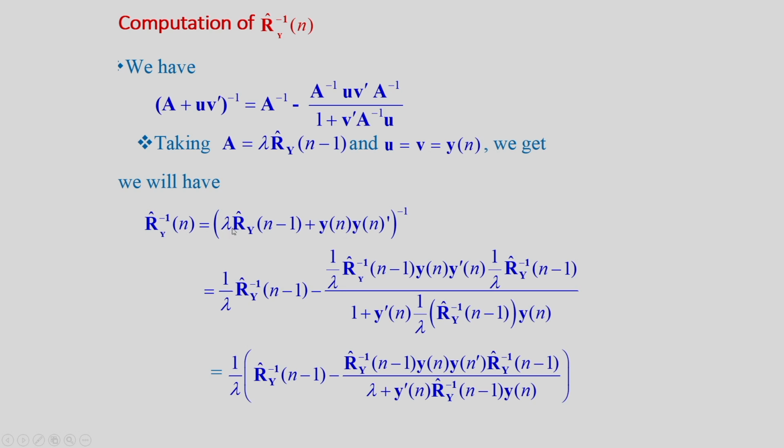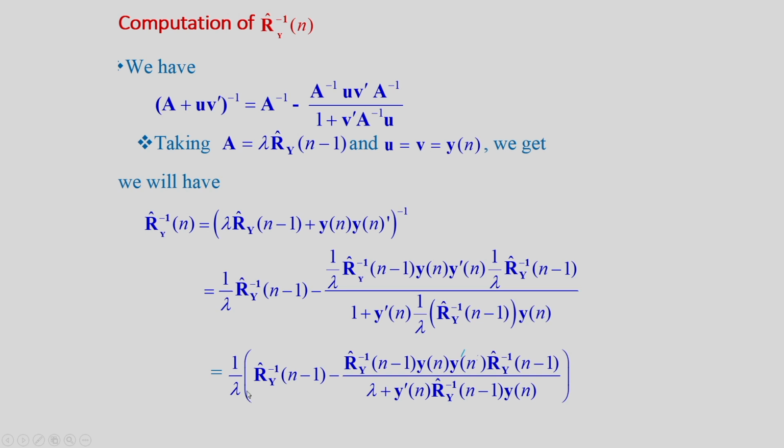now the numerator: the inverse of lambda into Ry hat n minus 1, that is 1 by lambda into Ry hat inverse n minus 1, then U and V equal yn into yn transpose, into again 1 by lambda into Ry hat inverse n minus 1, divided by the denominator term: 1 plus V, which is yn, so yn transpose into 1 by lambda into Ry hat inverse n minus 1 into yn. We can take 1 by lambda outside.